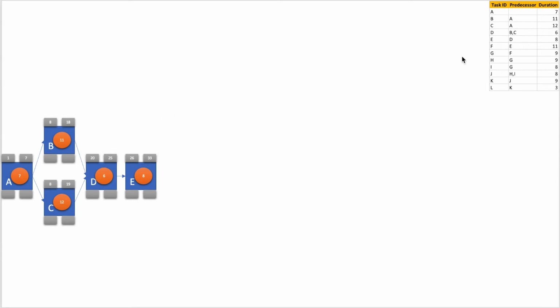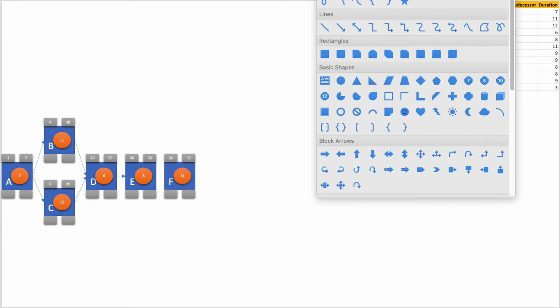Next we go to activity F, which follows activity E. So now let us make activity F. Activity F takes 11 days. So now let's make it as 11 and we connect the two activities.